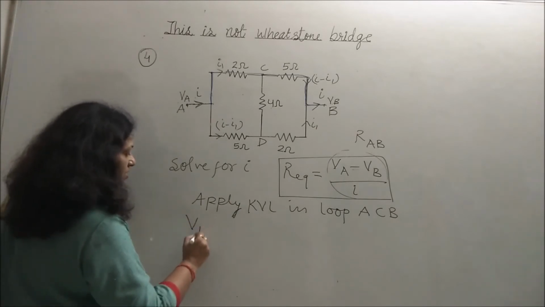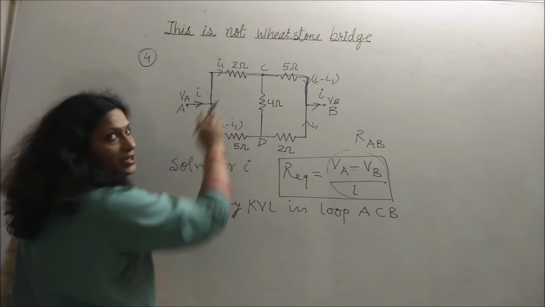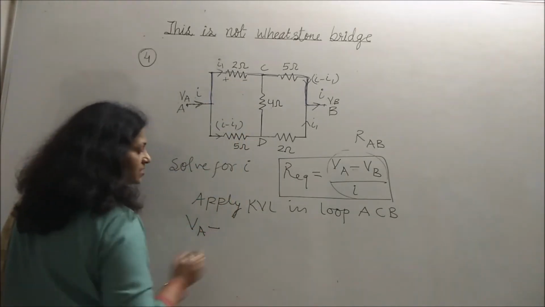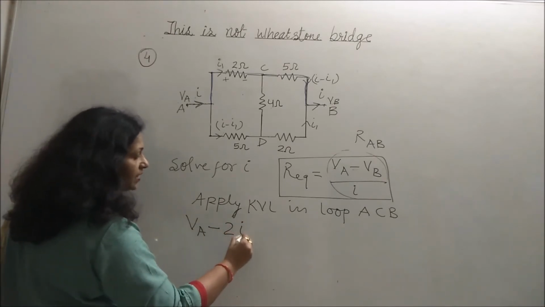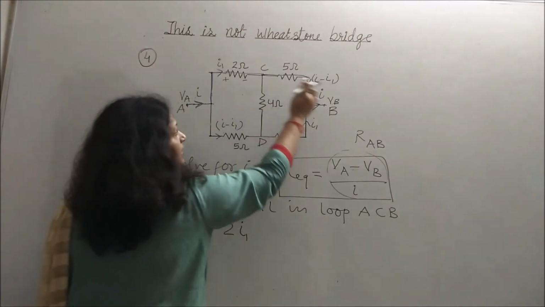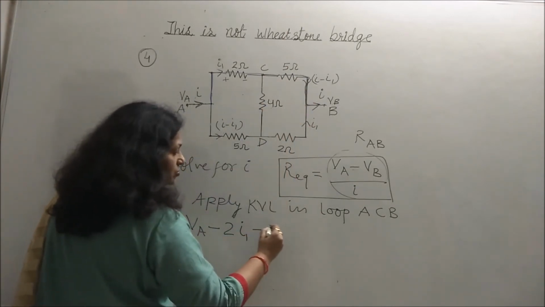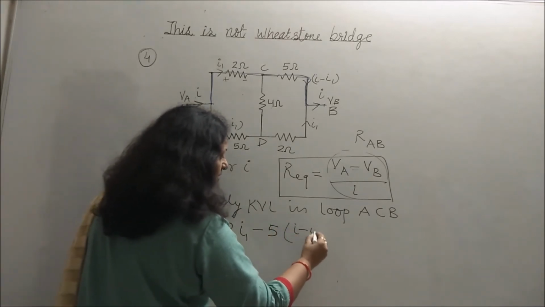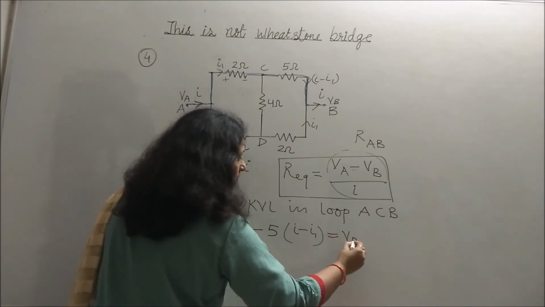Here node voltage is VA. Here we are moving in the direction of current. That means plus to minus. So minus sign will come here. 2 ohm resistance along with current, that is I1. Here again we are moving in the direction of current. So 5 is the resistance and current is I minus I1, equals VB.